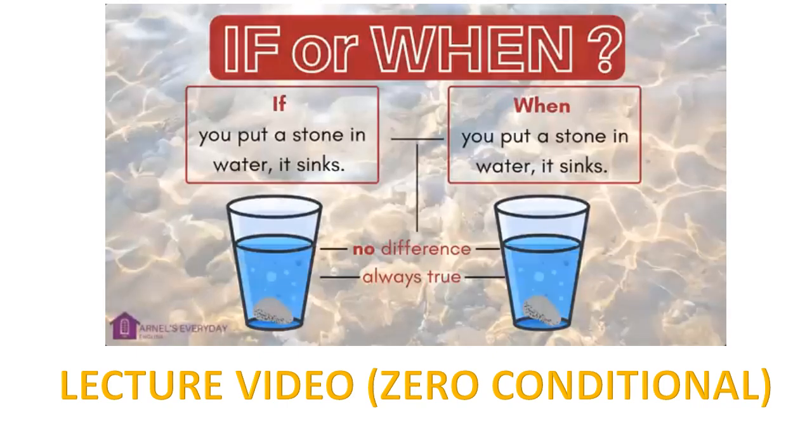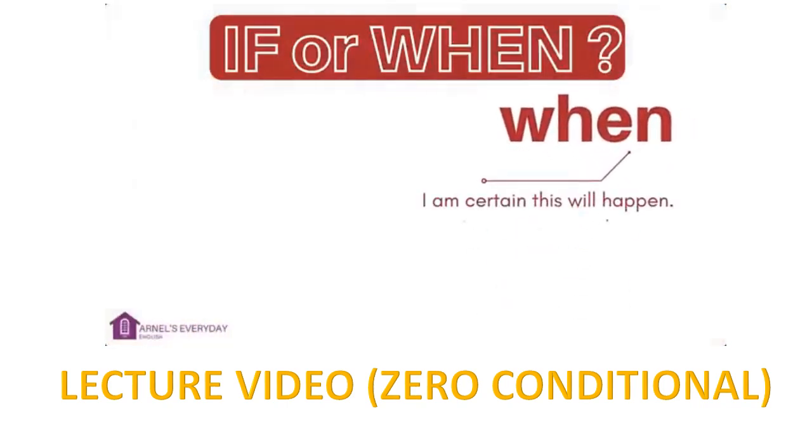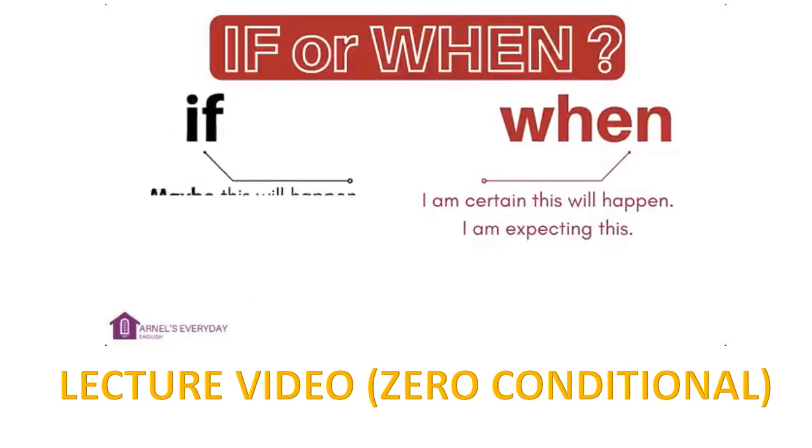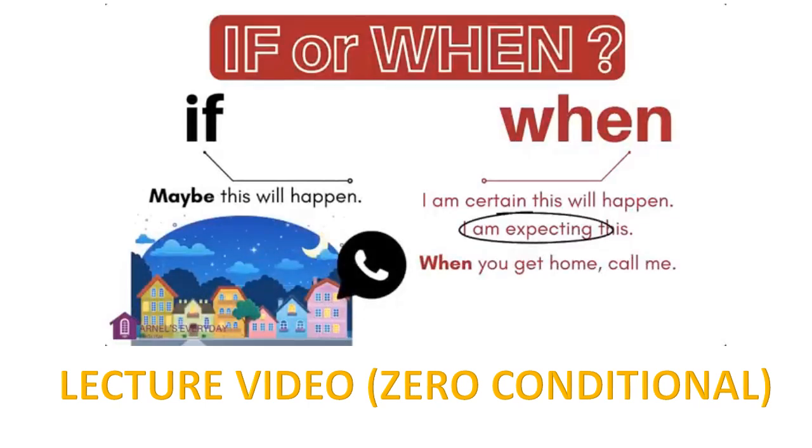Let's get specific. When? I'm certain this will happen. I am expecting this. If? Maybe this will happen. When you get home, call me. In this situation, I'm expecting my friend to get home. Of course she's going home. We had dinner together, and now she's going home. We'll look at this again in the first conditional.